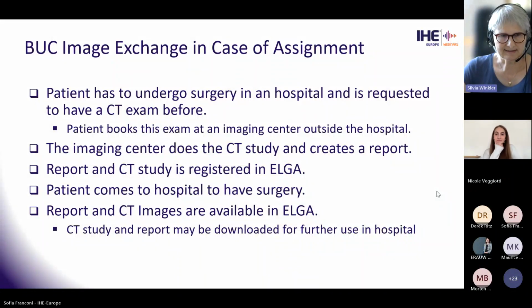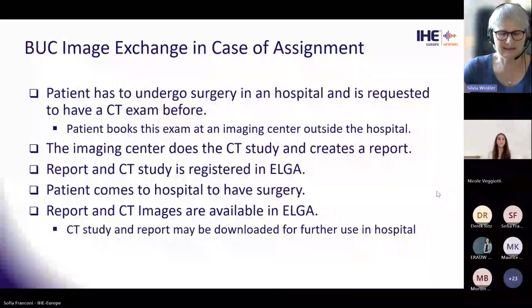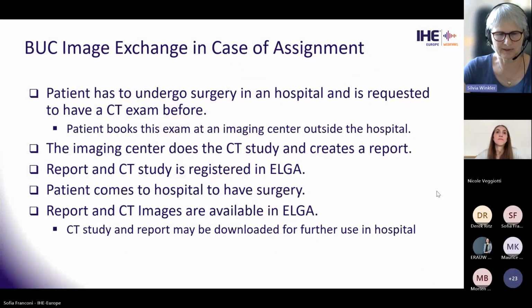The patient books this exam at an imaging center outside of the hospital, goes to the imaging center, and does the CT study, and the imaging center creates the report. The report and this CT study are then registered in ELGA.